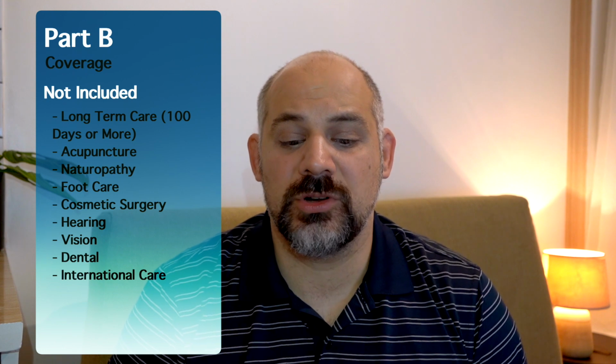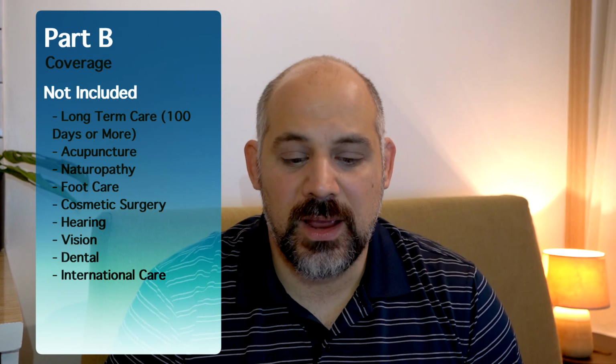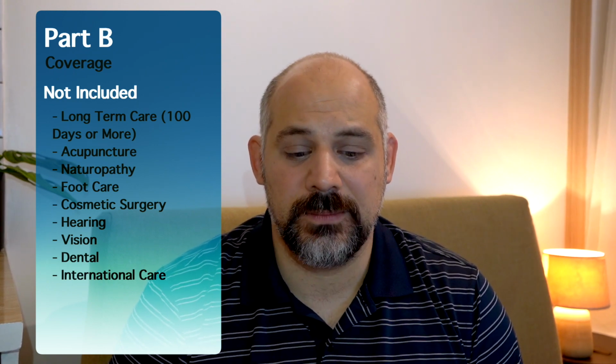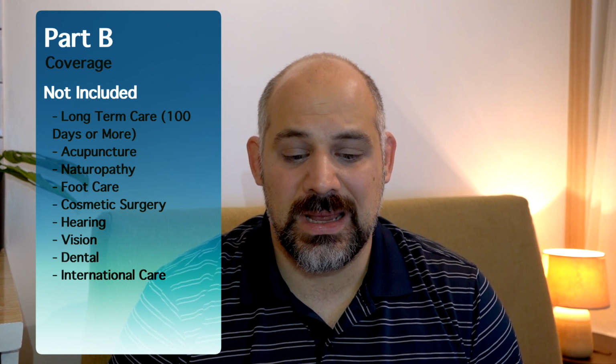Things that are not covered in Part B would be long-term nursing home care for more than 100 days, acupuncture or naturopathy or any similar services to those, routine foot care, cosmetic surgery, hearing aids, dental care and dentures, and care outside of the United States is not covered by Medicare Part B.